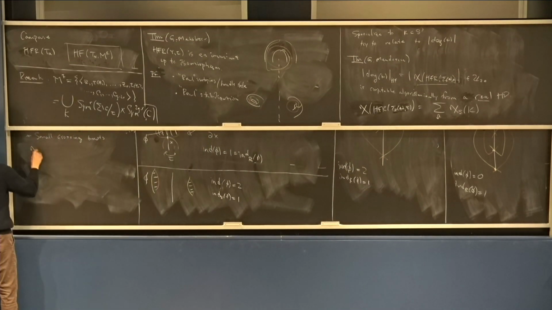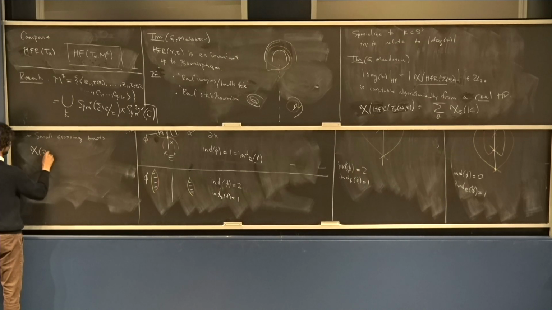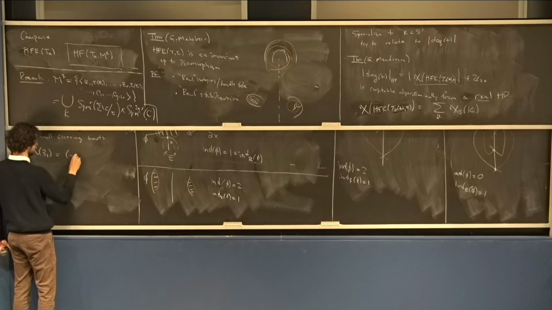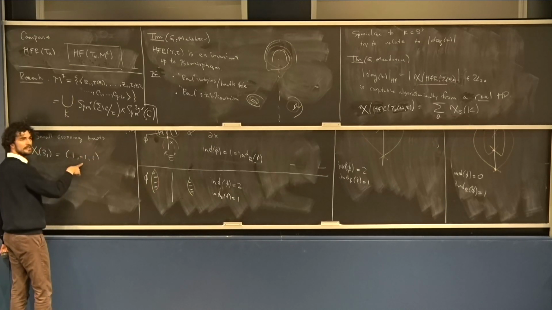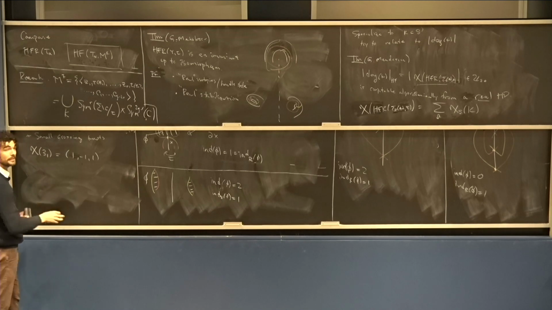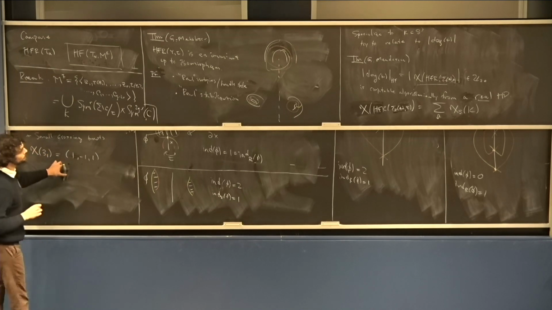Let me give you some examples. If I look at this total Euler characteristic, say for 3_1, in the central spin^c structure the Euler characteristic is -1, and for the outer ones it's 1.